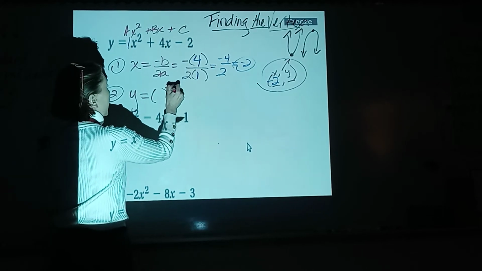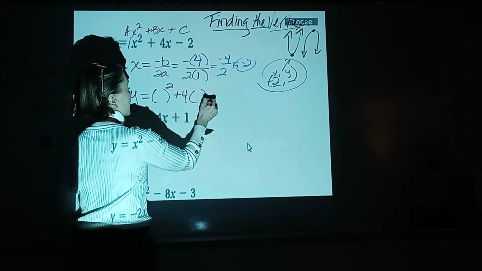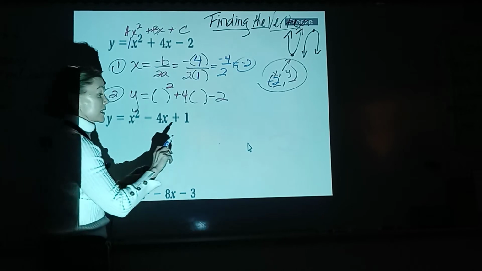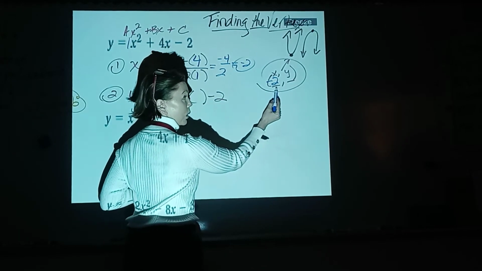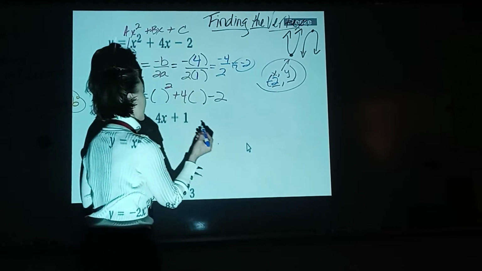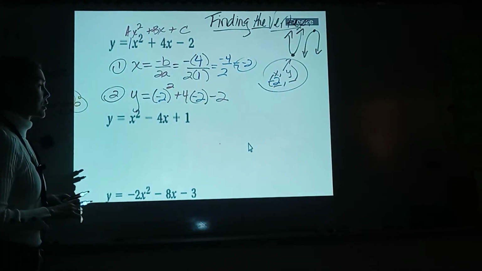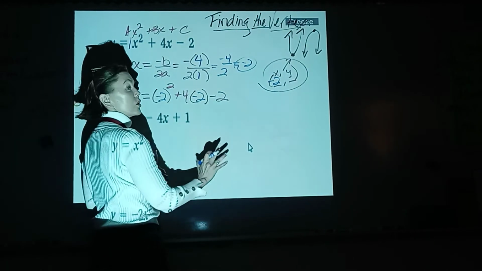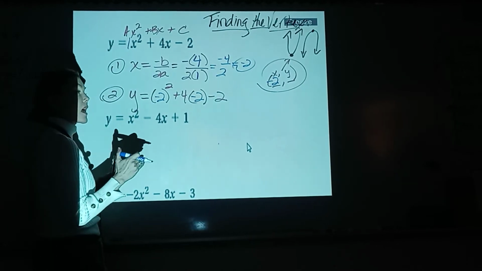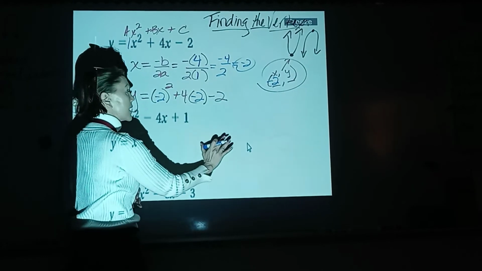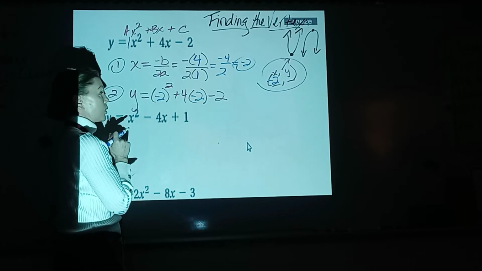So empty squared plus 4 empty minus 2. So you're going to take the x value that we solved already and put it into our quadratic, use order of operations to do the math, and whatever the result of this is, that's what our y value is equal to.